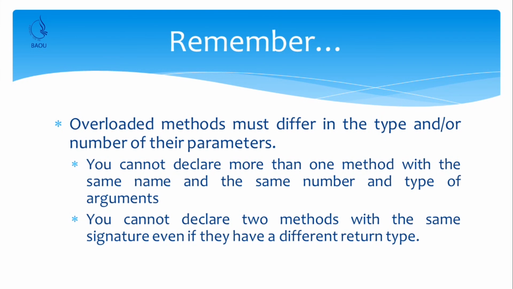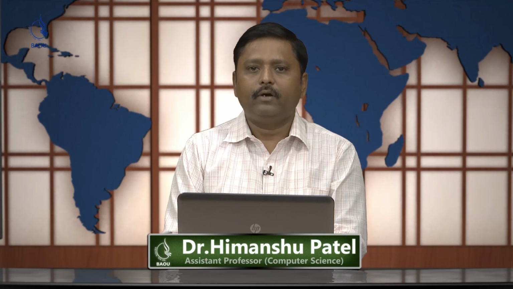Now, what you have to remember is, first, you cannot declare more than one method with the same name and the same number and type of arguments. So, either the number of parameters should be different or their type should be different. Second, you cannot declare two methods with the same signature even if they have a different return type. This is important. Why?